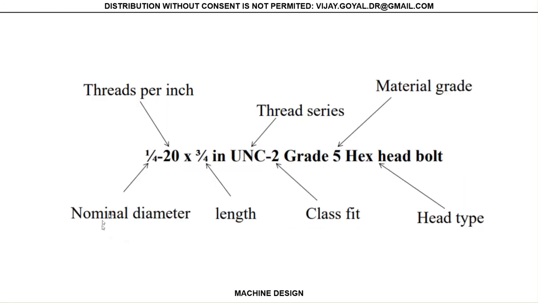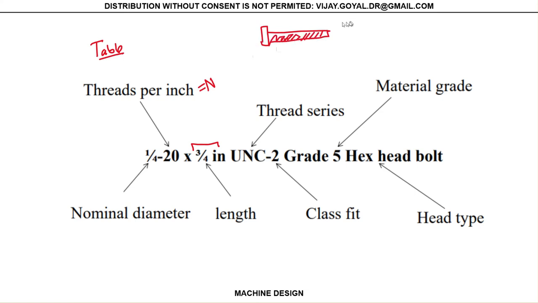To better understand, this is the nominal diameter, and all this comes from tables. We're going to see this in the next table in a moment. Then this is the threads per inch, and we're going to use the letter N for that. This is the thread series. This is the total length of your fastener. So you have your fastener, or your screw.